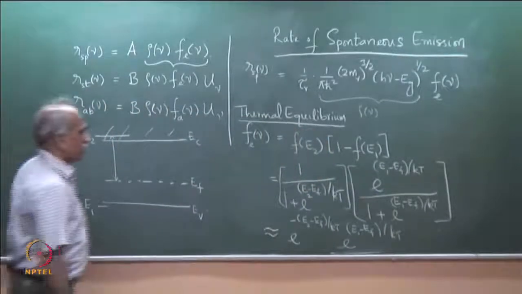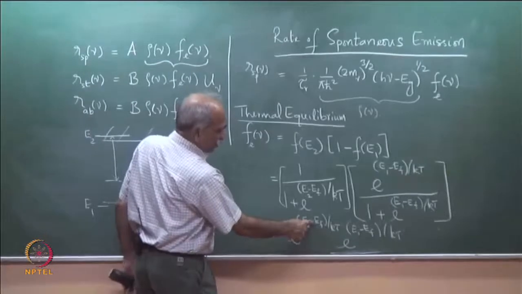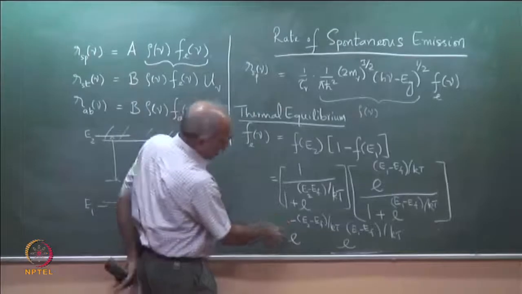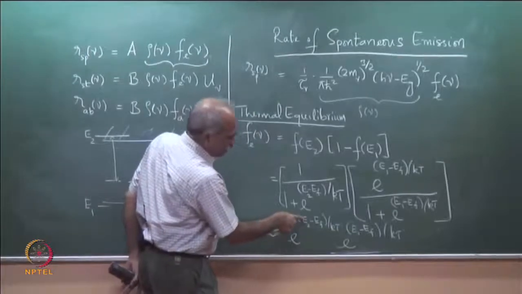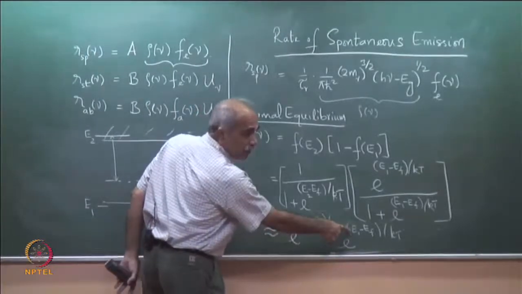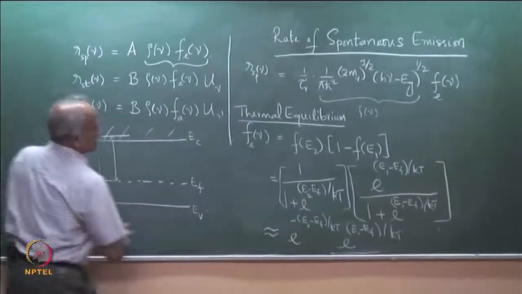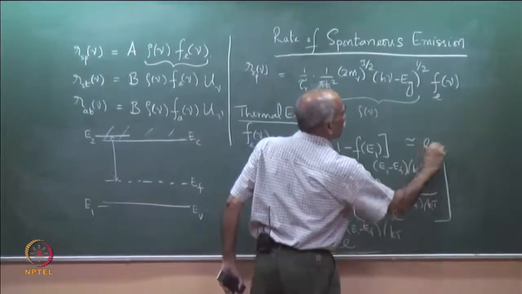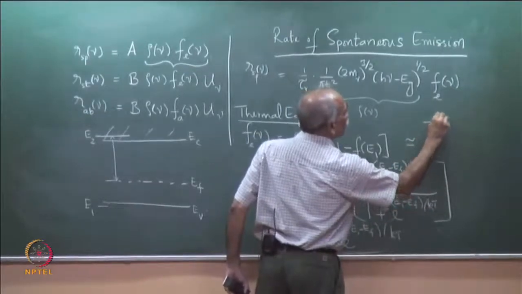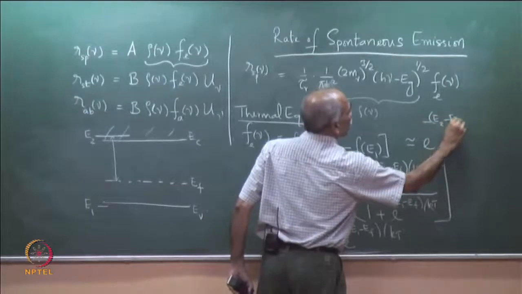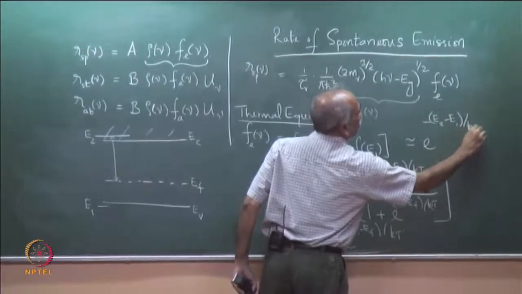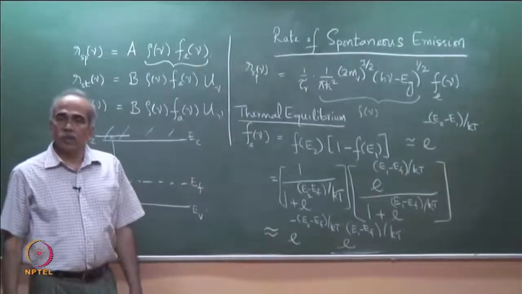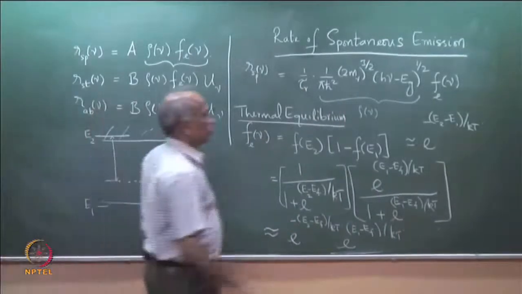And what is that? You see, plus EF and minus EF by kT goes off. So, you are left with e to the power minus (E2 minus E1) by kT. E2 minus E1 is h nu.